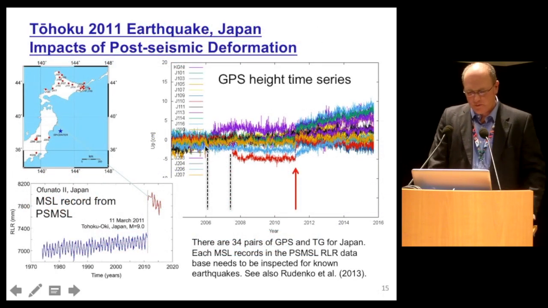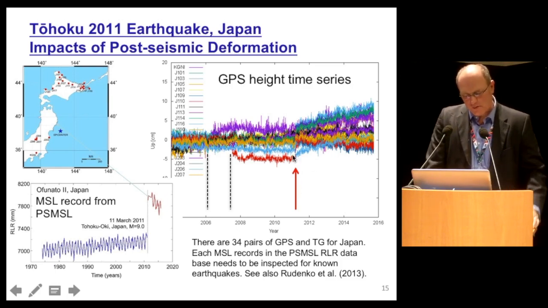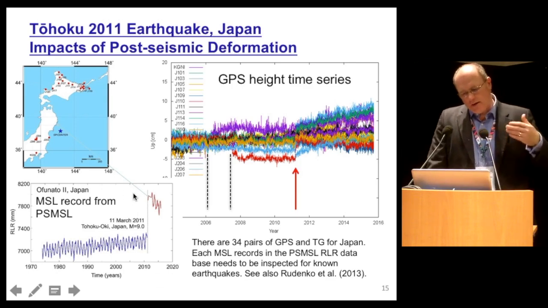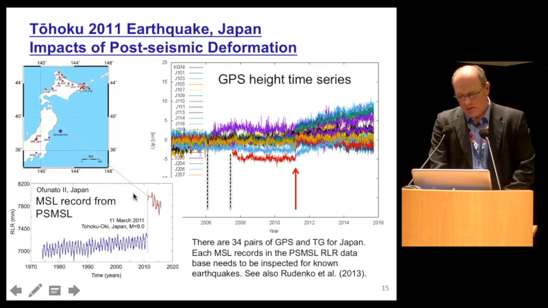And we see that, for example, here we have the Tohoku 2011 earthquake, with a set of Tiger GPS stations from Japan, and you can clearly see how all of them basically changed their signature, but at the same time we have a change in a sea level record. So with the application in mind, one needs to keep also the sea level record in mind.